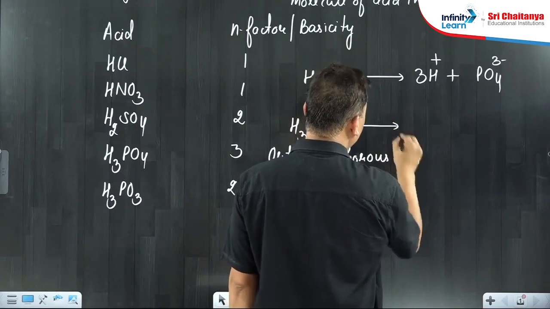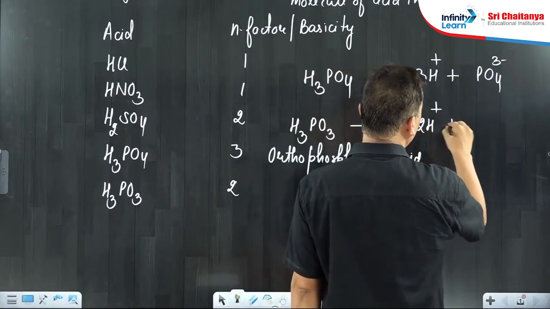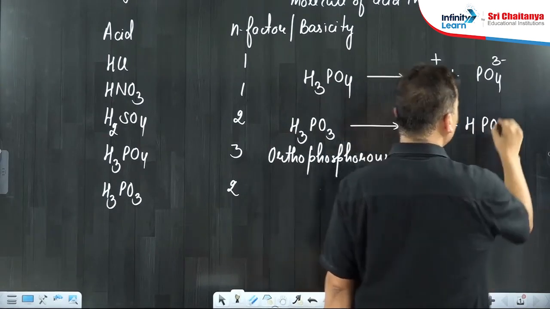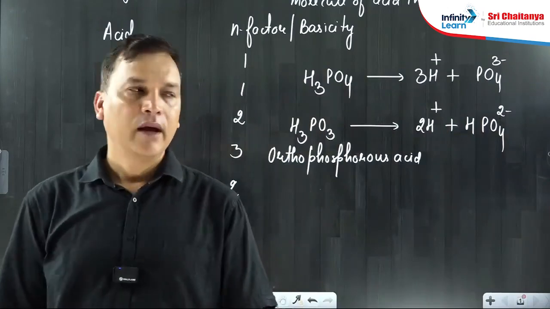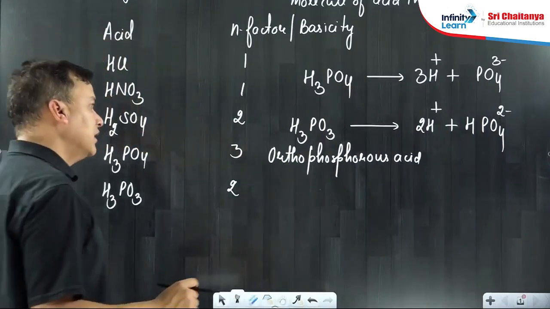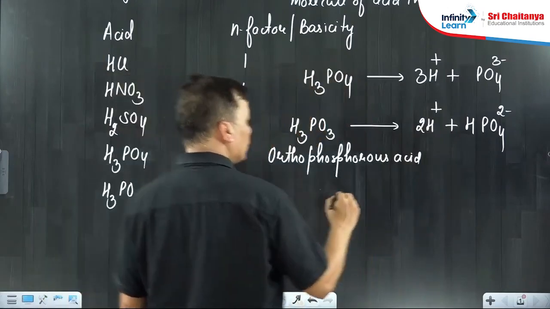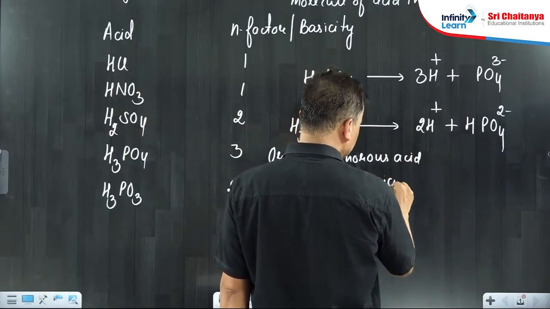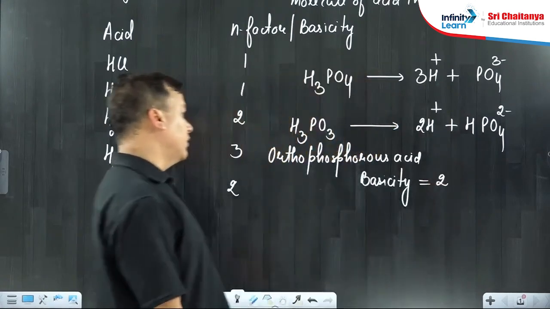When it is dissolved in water, it loses only 2 H positive, and one H remains, and here is HPO3 2 negative. So what about its N factor? How many H positive is it losing in the aqueous solution? So its N factor is 2. So its basicity is equal to 2. You got it or not?